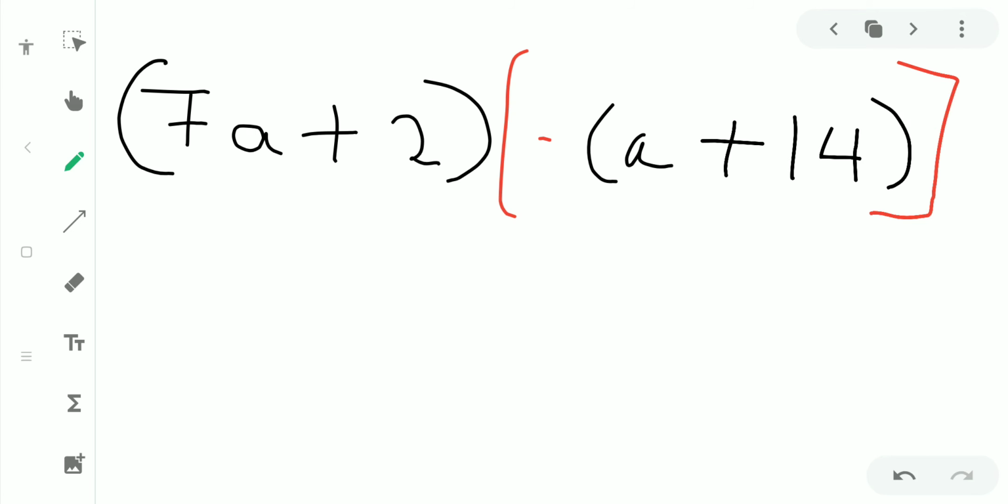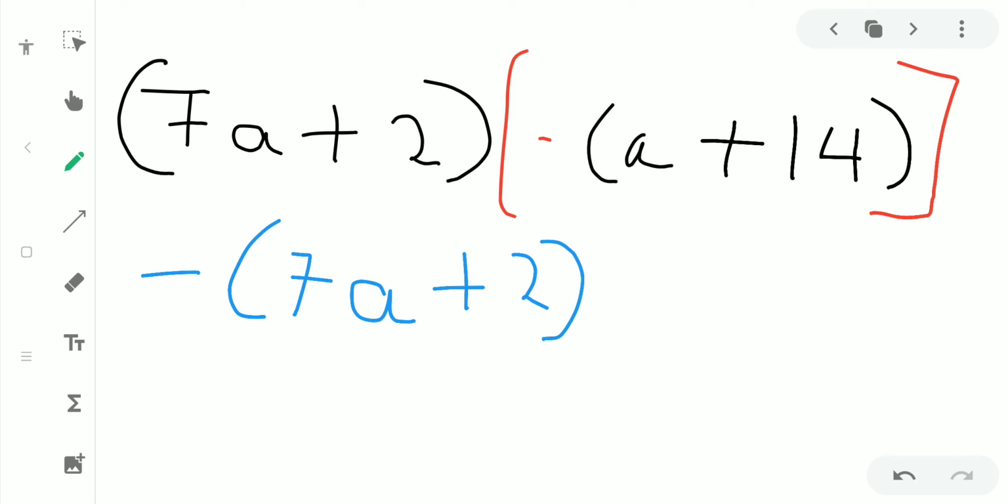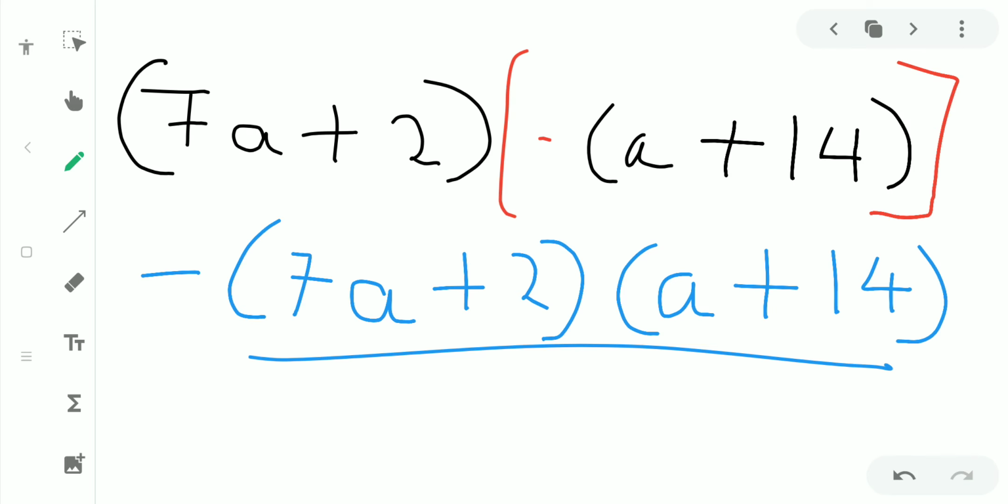So now we are having 7a plus 2 times minus times a plus 14. Now I am just bringing minus onto the front side, because this is just a multiplication. If any plus or minus sign is there here, we cannot do so. Minus 7a plus 2 times a plus 14, this will be our final answer.